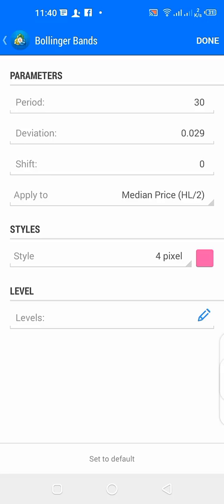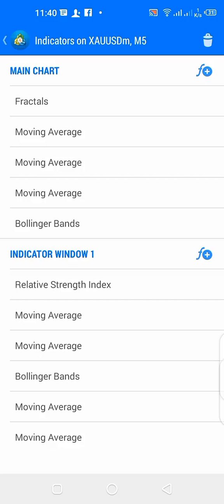Color is pink. Apply to median price, HL/2. Okay, for indicator window 1, you have RSI, you have moving average, Bollinger Bands, another moving average, then one more moving average.